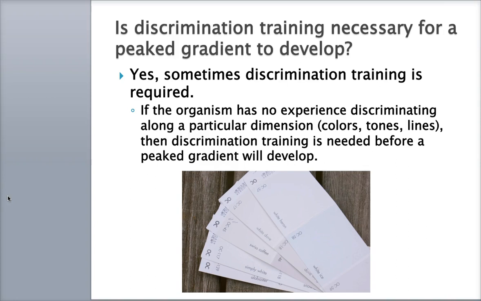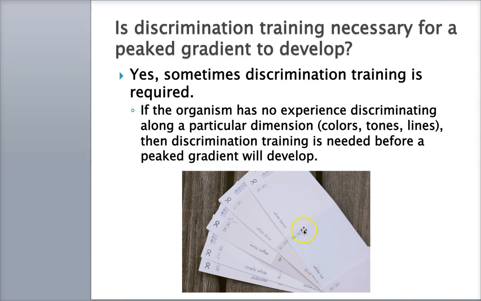So the answer would be yes, that sometimes discrimination training is required, particularly if the organism has no experience discriminating along a particular dimension. So if they don't have experience with color or tones or lines, whatever that dimension is, then explicit discrimination training might be necessary before you could get a peaked gradient.